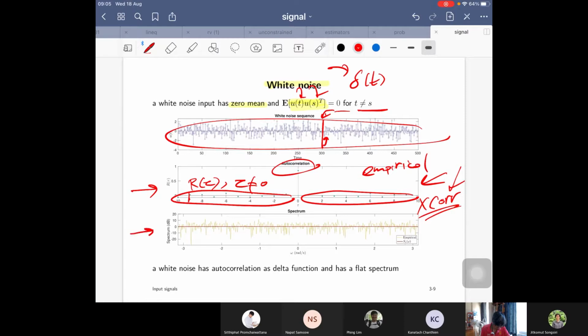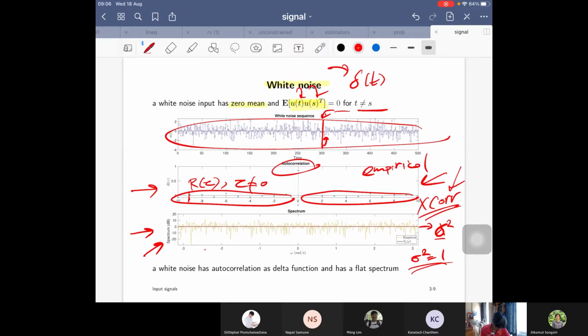If you plot the spectrum, theoretically the spectrum should be flat, and the constant value is supposed to be the variance of the white noise. I set it to 1 in this example, so in dB that's 0 dB.